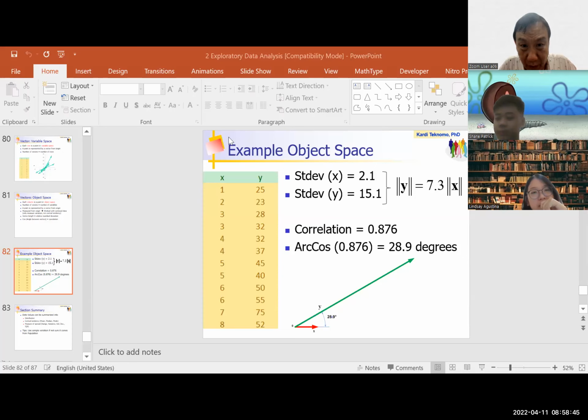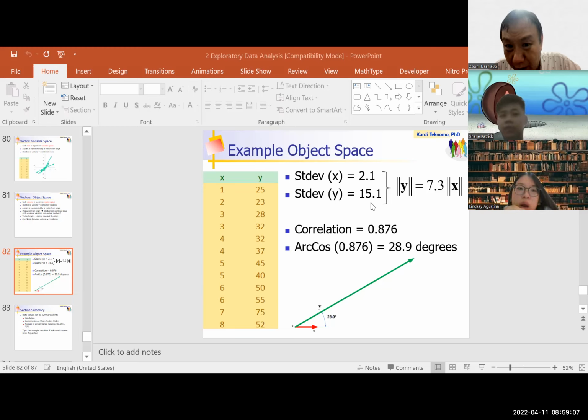What you will do? First, you will calculate the standard deviation of x, and then you will calculate the standard deviation of y. For example, you get 2.1 and 15.1. Up to getting the standard deviation, is it clear or not?